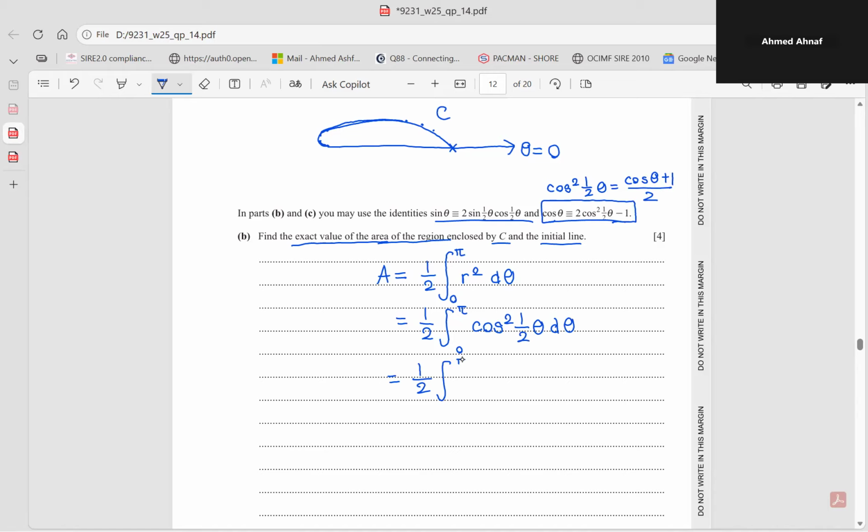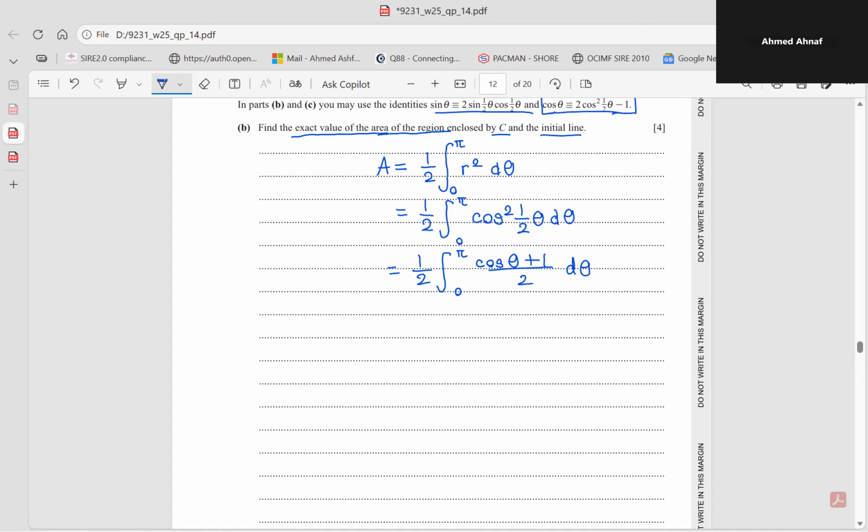So half integral from 0 to pi of cosine theta plus 1 over 2 d theta. The half we can move out of the integral sign. So half times half is 1 over 4 integral from 0 to pi of cosine theta plus 1 d theta.